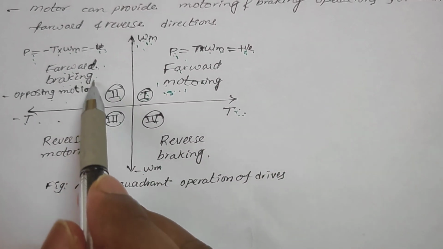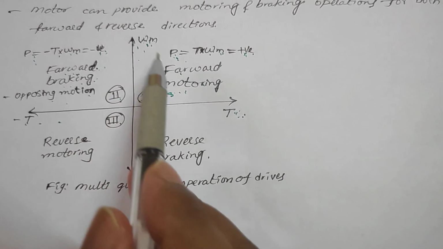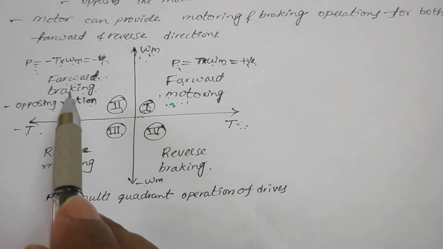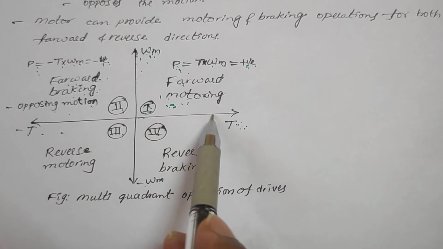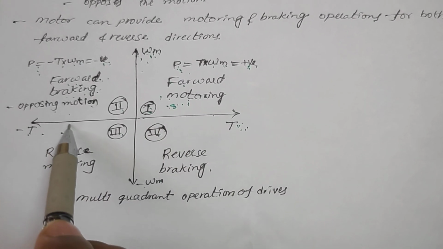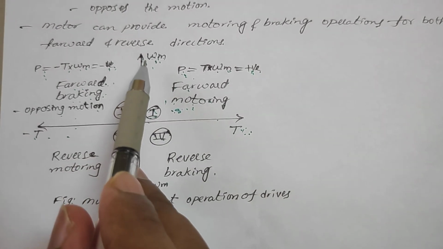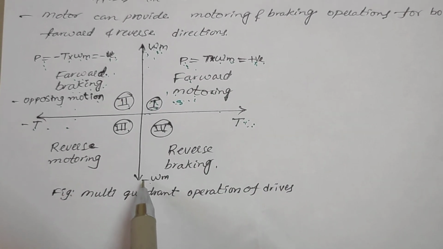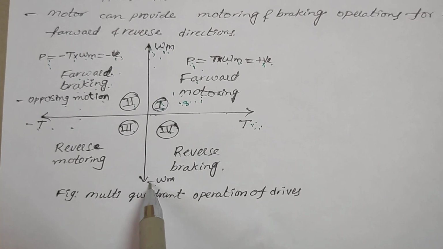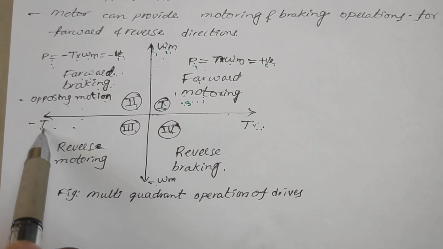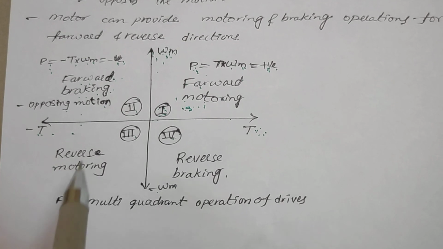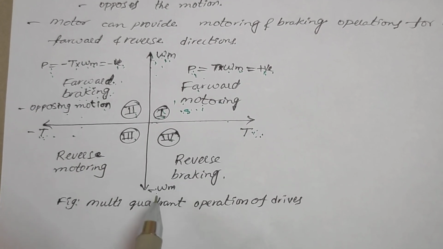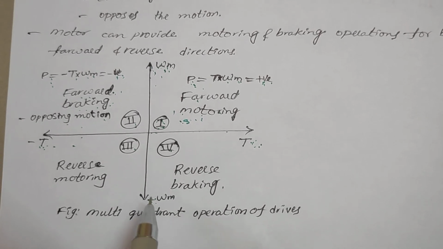With the positive speed direction, you get the motoring as well as the braking operation. If torque is positive, motoring; if torque is negative, braking operation. The same thing will happen with the negative speed also. If speed is negative and torque is also negative, what is power? Power P is equal to minus T into minus omega m.